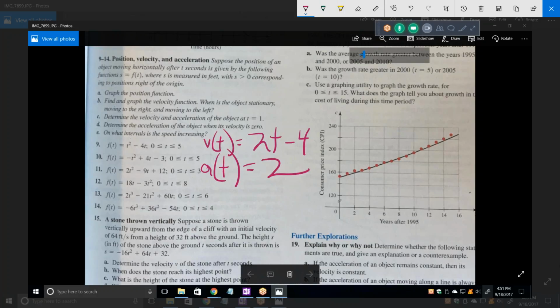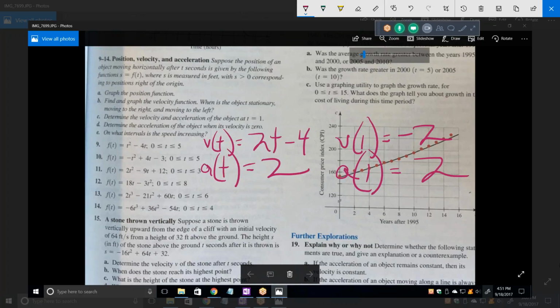So, determine the velocity at t equals 1. What is the velocity? What's v of 1? -2. Good. So v of 1 equals -2. What's a of 1? Just 2. Yes. There's no variable. So a of 1 is that constant, 2. Acceleration is 2 no matter where you're at.